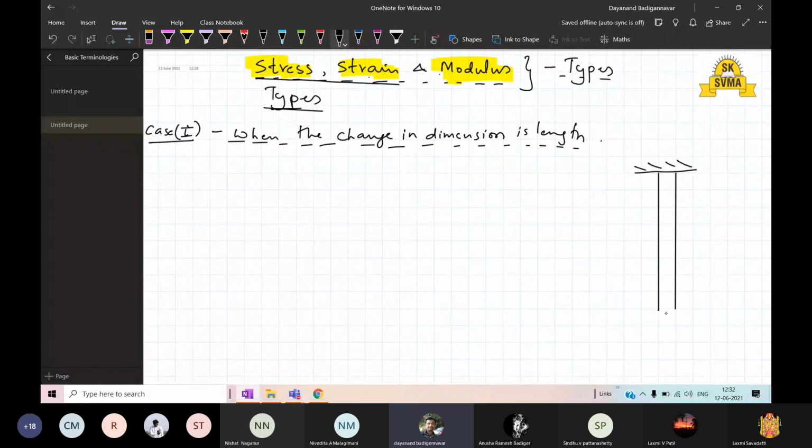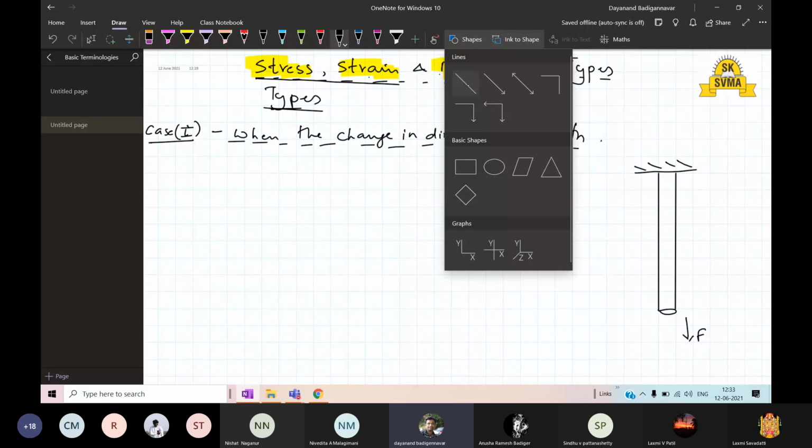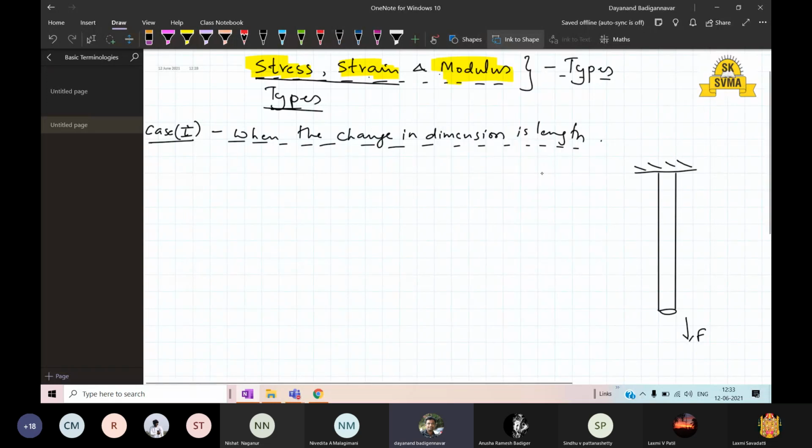We are applying a force. Let us assume that this is circular in nature, a circular wire, and I am applying a force. Now as I told you in the previous case, you can apply the force by applying a mass or a load like this.